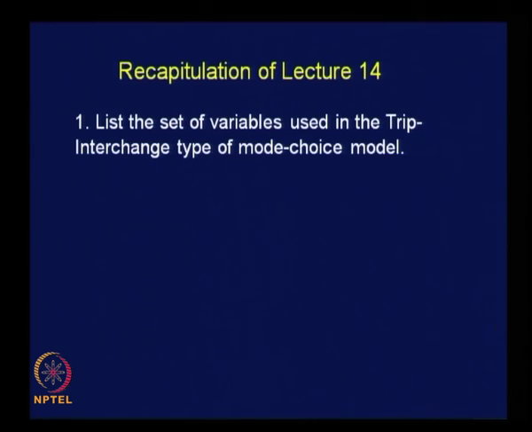These are the variables involved in this particular type of model, isn't it? We express the variables in the form of ratios because there were only 2 modes involved in the mode choice analysis. That is how we need to understand the answer for this question.